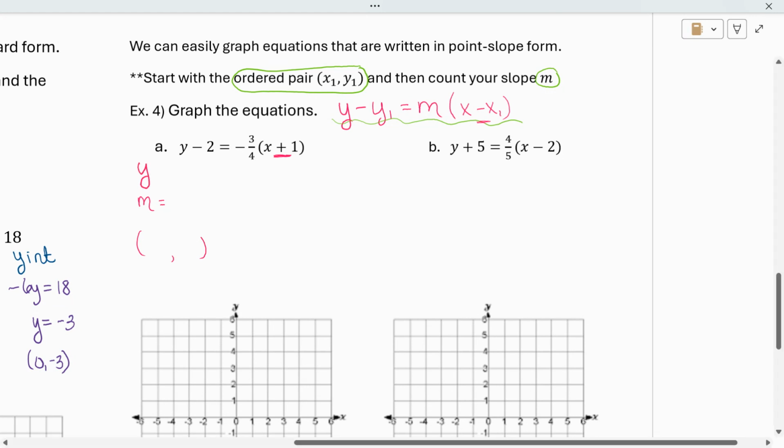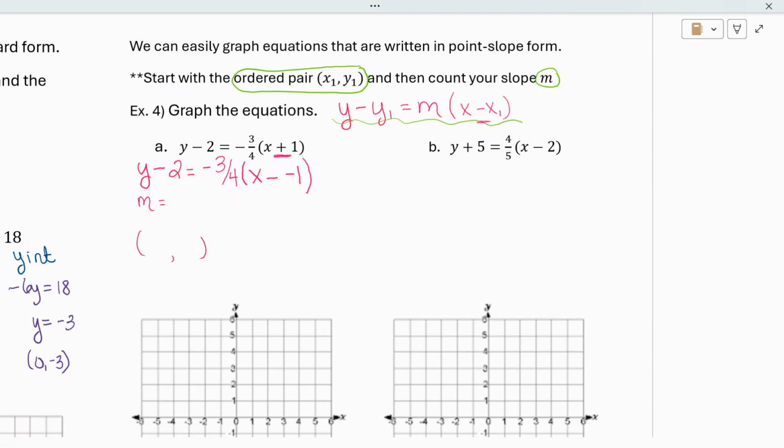That plus sign came from minus a negative. So y minus 2 doesn't change. Negative 3/4 doesn't change. But in the quantity, I really have x minus the x sub 1 term. And when we do minus a negative, we instinctively turn that into a plus. So that means that this is the x1 coordinate and this is the y sub 1 coordinate.